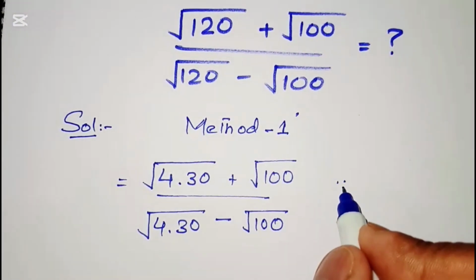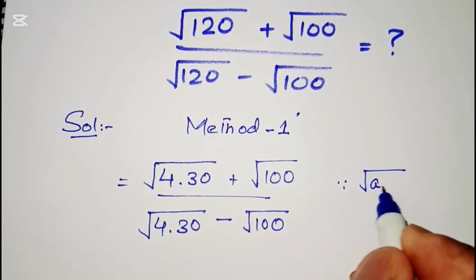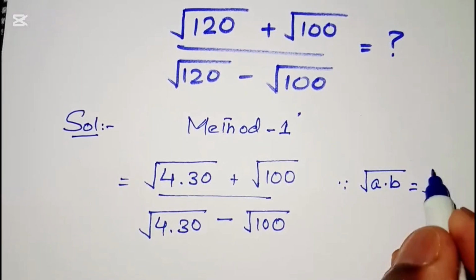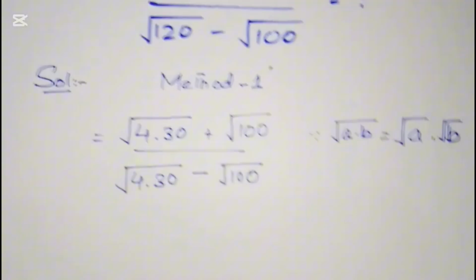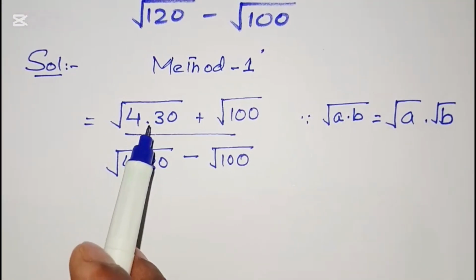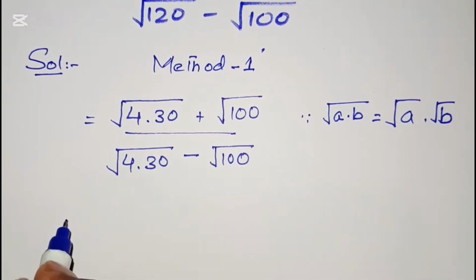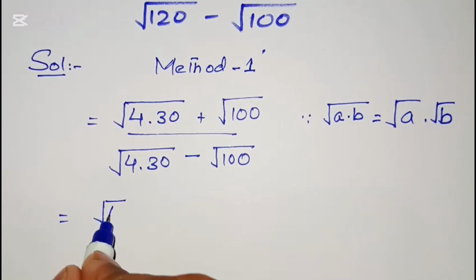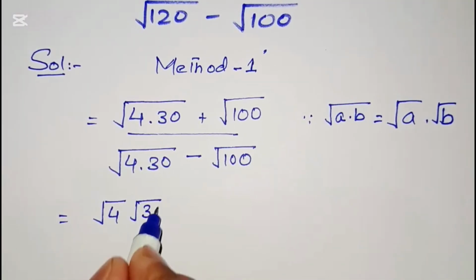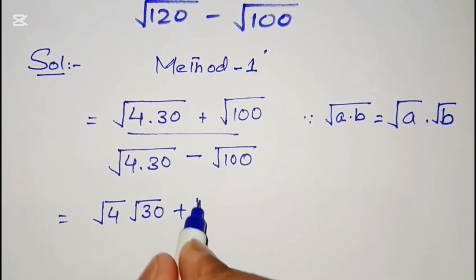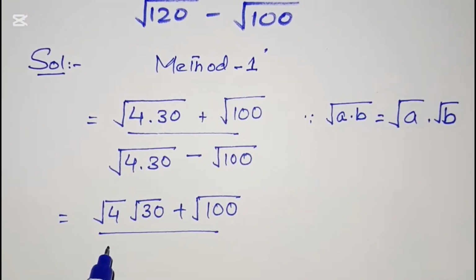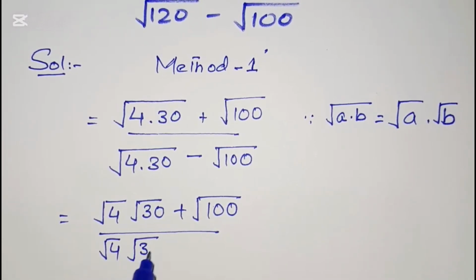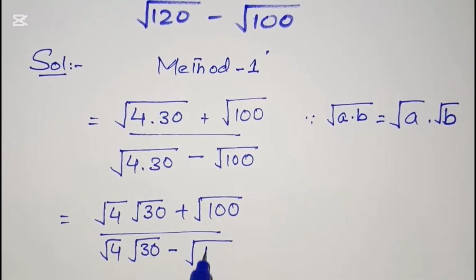Now, as we know that square root of a into b is always equal to square root of a times square root of b, we will write this as square root of 4 times square root of 30 plus square root of 100, all over square root of 4 times square root of 30 minus square root of 100.